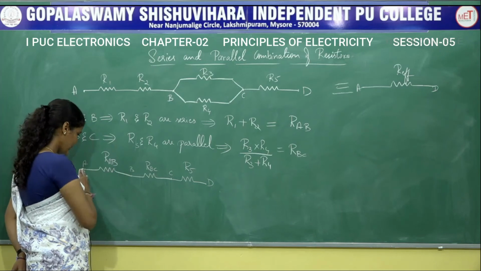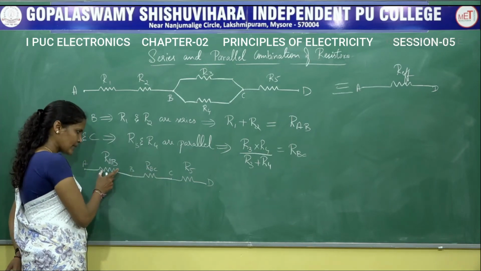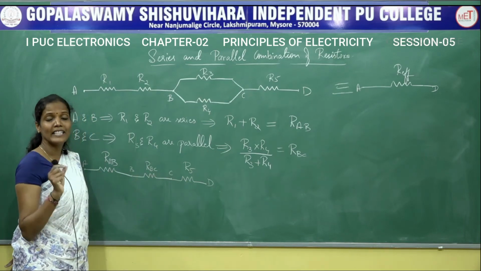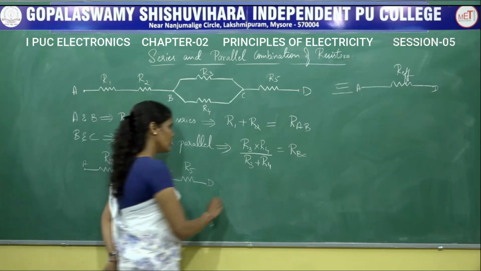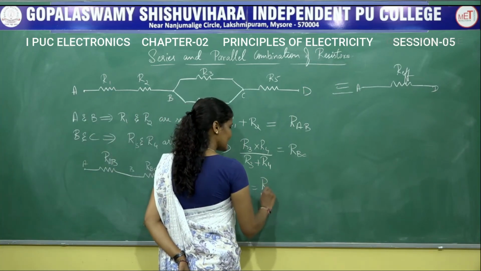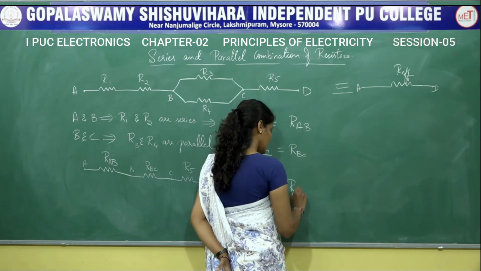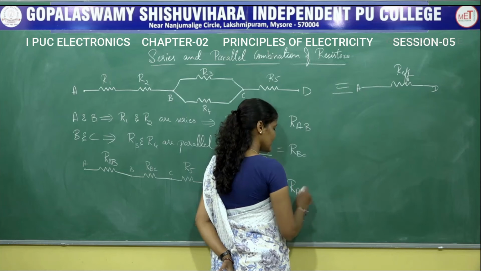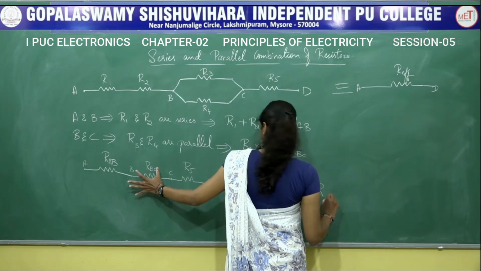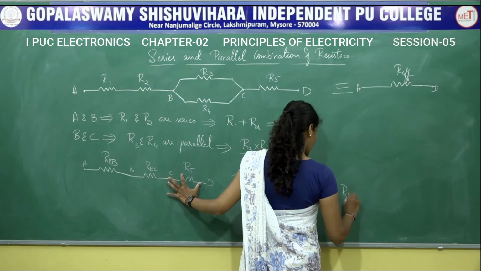So now when I look between the two terminals A and D, RAB, RBC and R5 are all connected in series. So the effective resistance between the terminals A and D will be equal to the resistance between the terminals A and B plus the resistance between the terminals B and C plus the resistance R5.